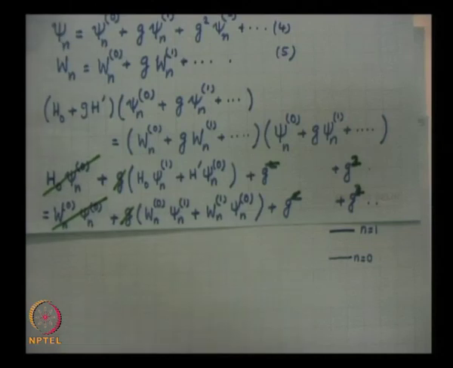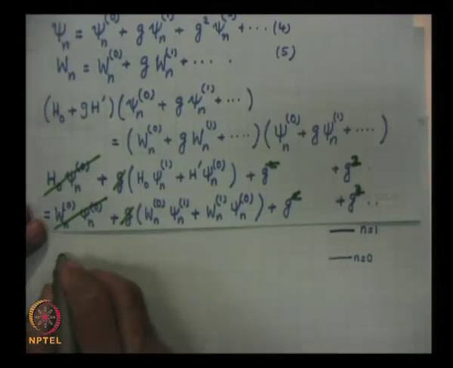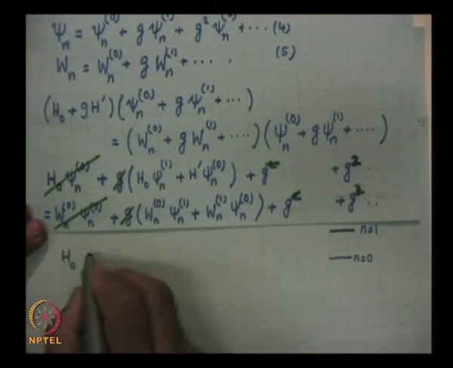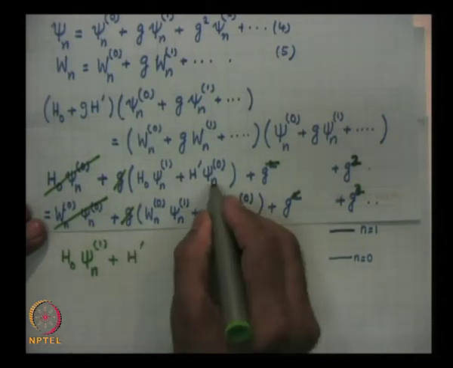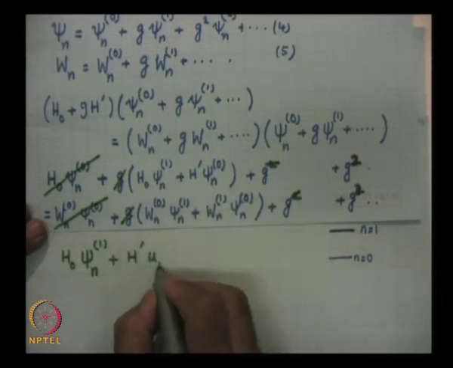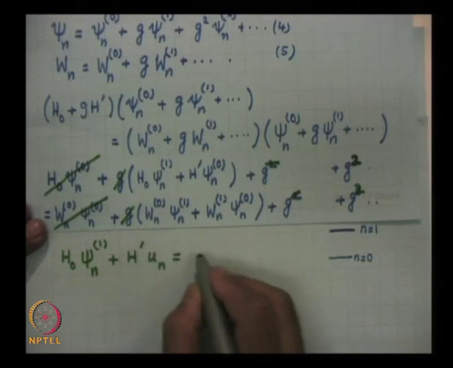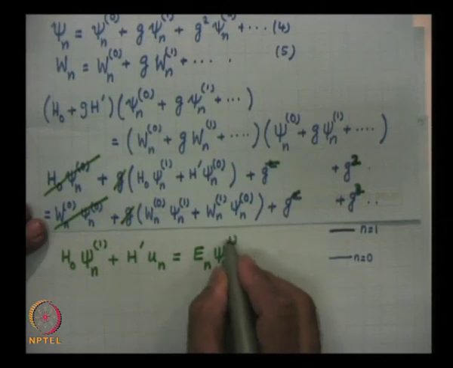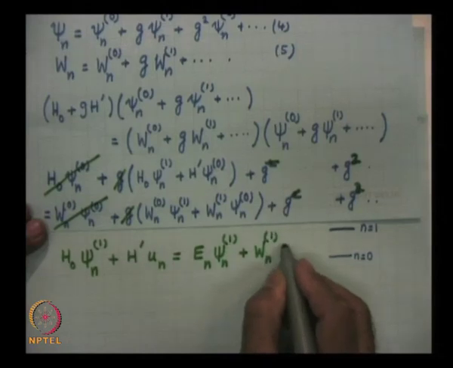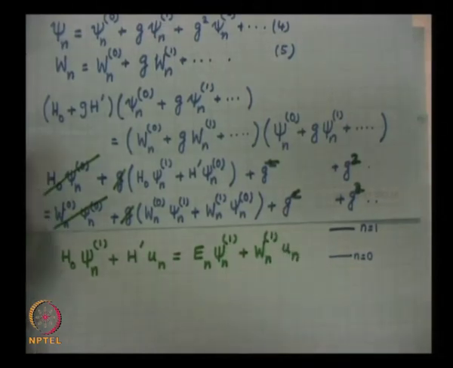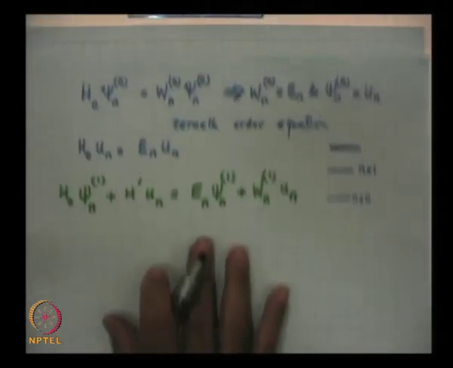The first order equation becomes H naught psi n 1 plus H prime psi n 0, which we have written as u n, is equal to W n 0, which is E n, times psi n 1, plus W n 1 u n. This is my first order equation.